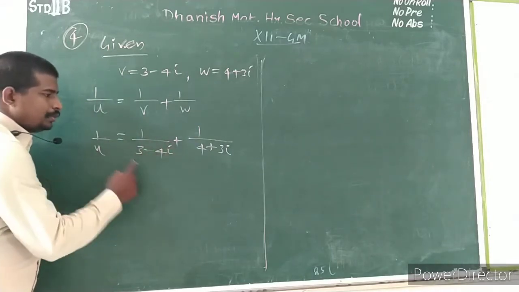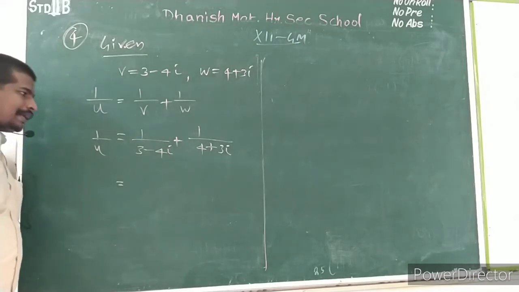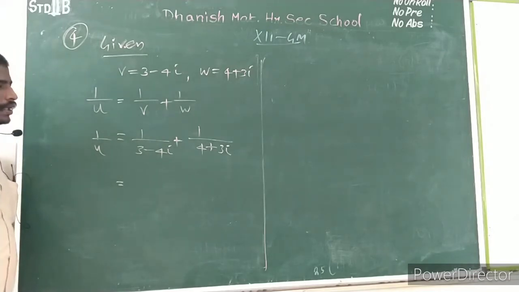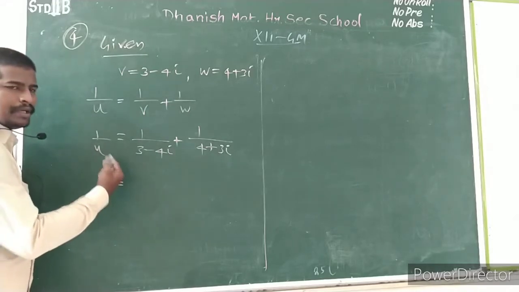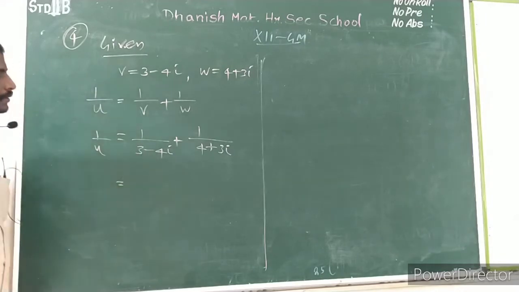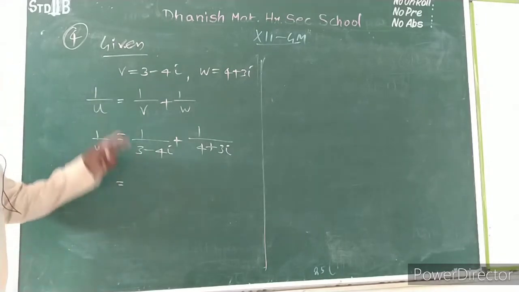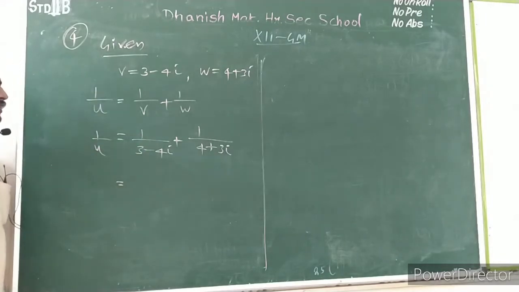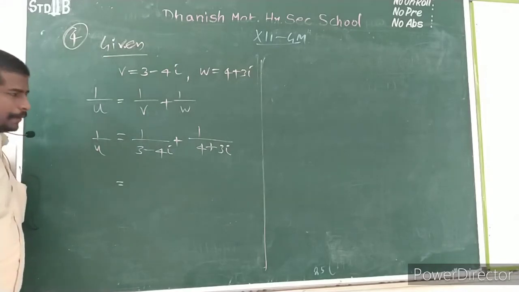So here I am going to delete the i. In order to delete the i in the denominator, I am going to multiply the numerator and the denominator by the conjugate of the denominator. Here our denominator is 3 minus 4i. So I am going to take the conjugate as 3 plus 4i.